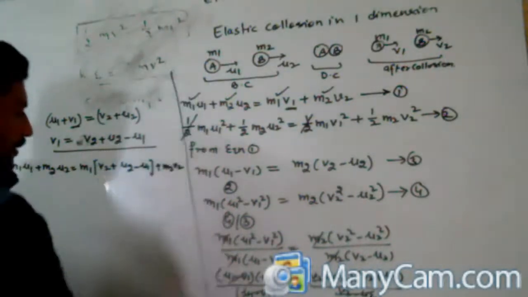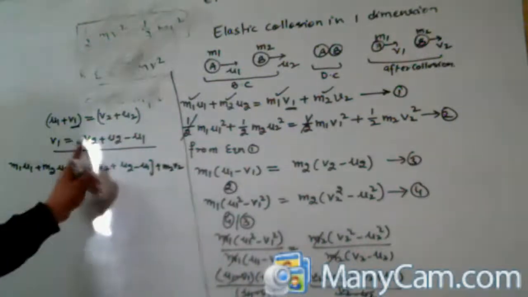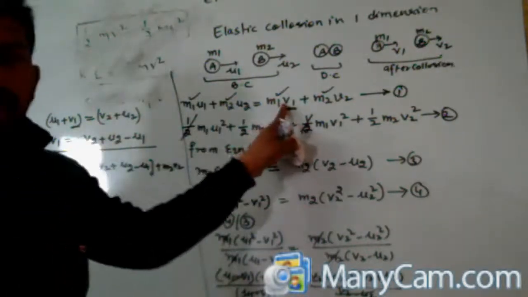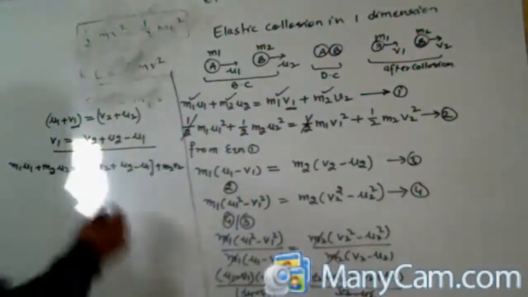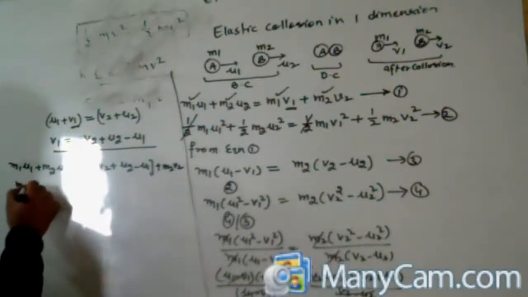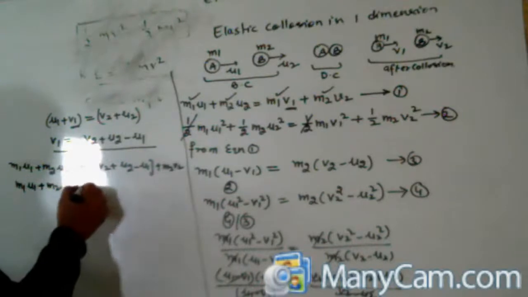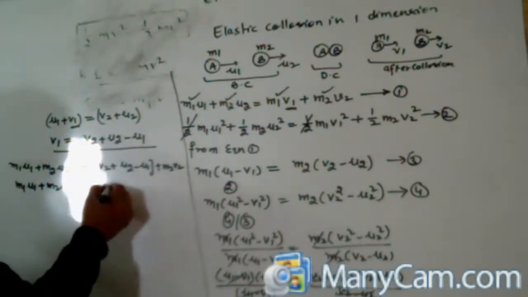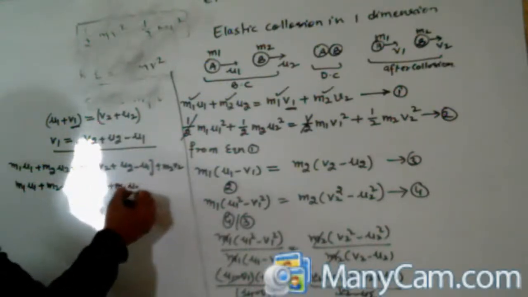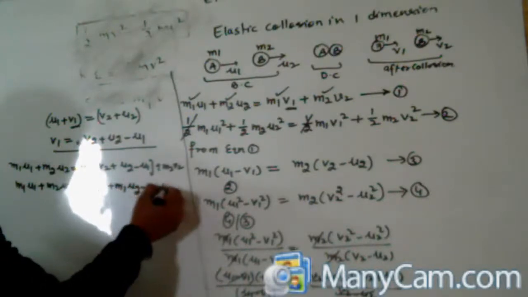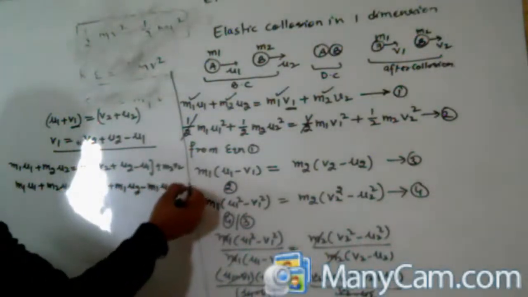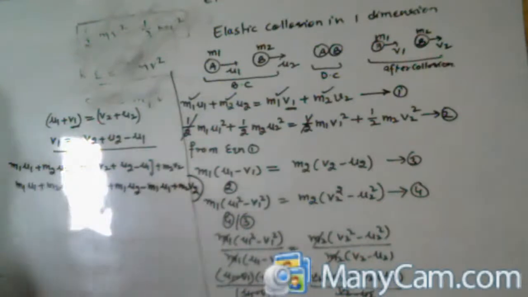This is your equation. ये बेटा मैंने v1 की वैल्यू निकाली जो कि आपकी इक्वेशन नंबर 1 में पुट कर रहा हूं. अब बेटा यहाँ पे सॉल्व करना है: m1 u1 plus m2 u2 is equal to m1 v2 plus m1 u2 minus m1 u1 plus m2 v2. बेटा now rearrange this equation.